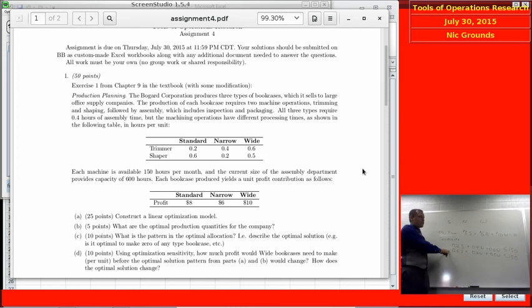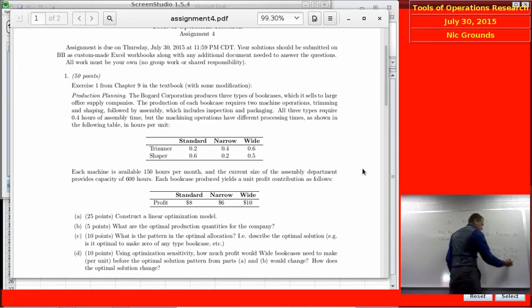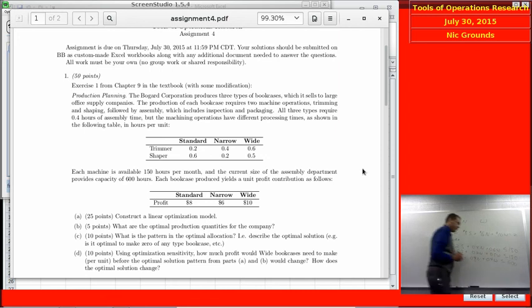The final constraint was in assembly, which the problem states requires the same amount of hours, 0.4, for all three types of bookcases. For W, and that is limited to, let's see, 600 hours. Okay.